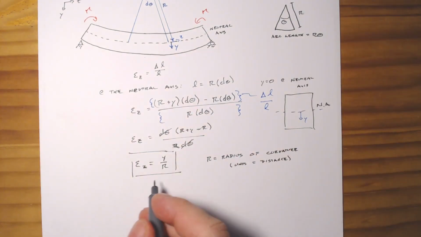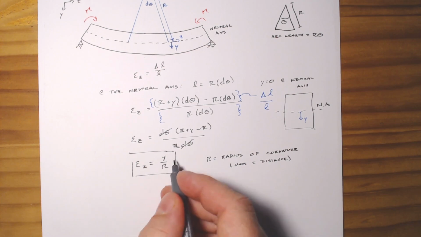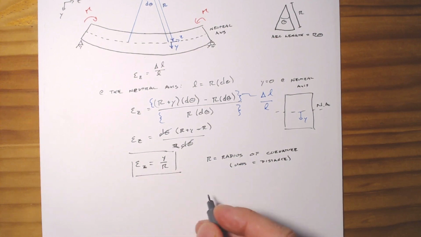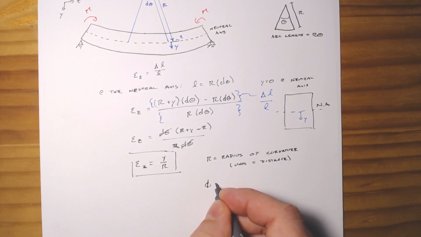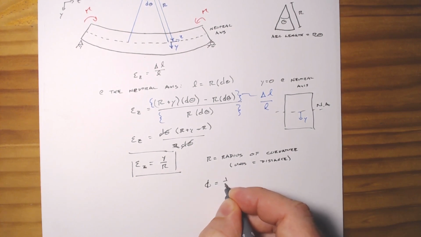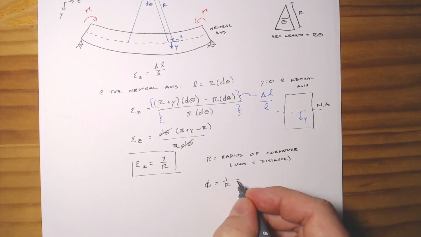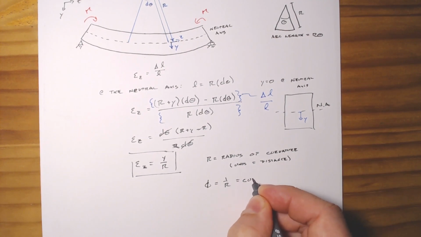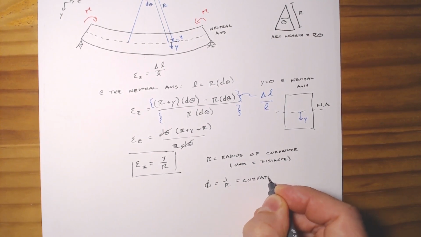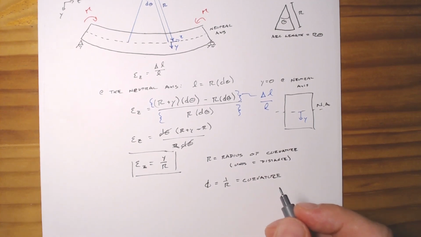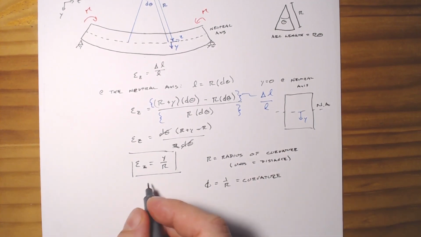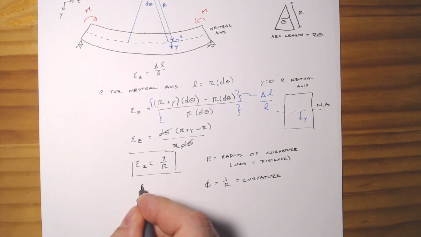And in fact, we'll simplify this for yet another term, and we'll call phi 1 over r. Instead of the radius of curvature, we call this curvature. And so curvature is related to rotation, but a little bit different though. Sort of one degree removed.